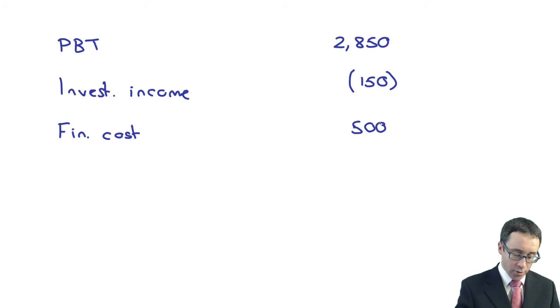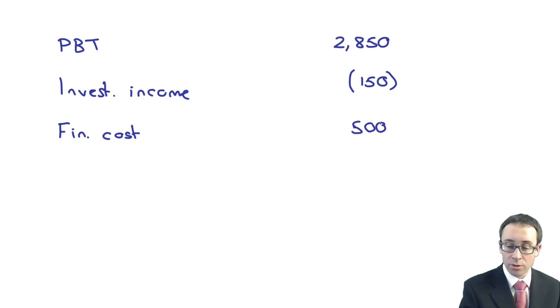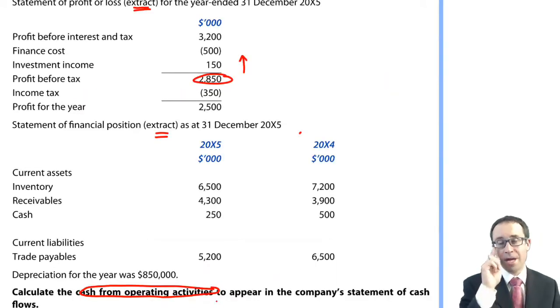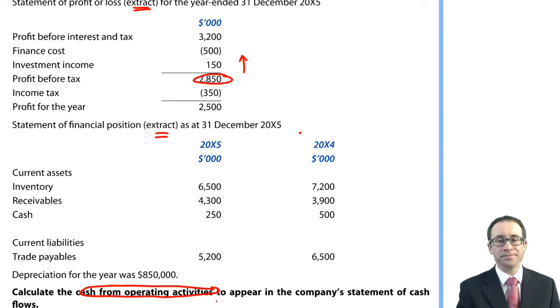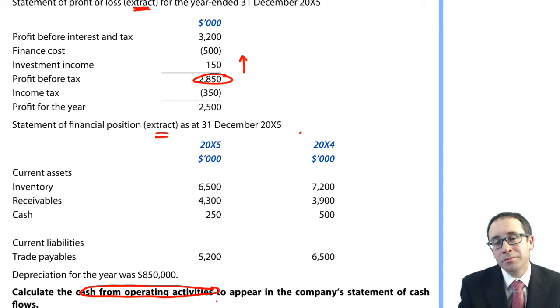Okay, if you work it through, 2850 less 150 plus 500 gives me 3,200, which is the same PBIT figure that we have there. We could just start from the 3,200, but we don't. We start at PBT and then work backwards to your operating profit. It's crazy, isn't it? But that's what the standard says to do.